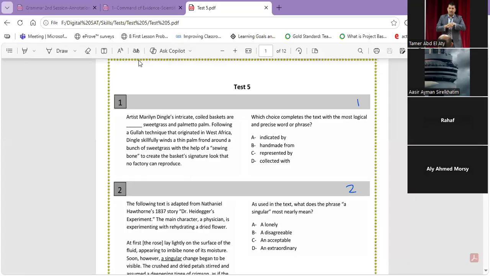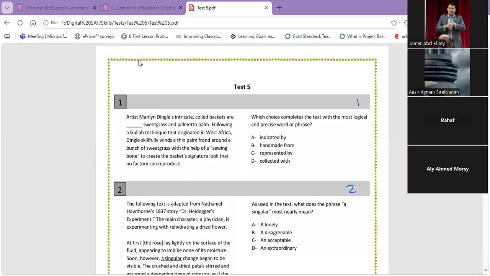Rahaf Al-Baz, only number 1, Rahaf. Don't hurry, Rahaf.